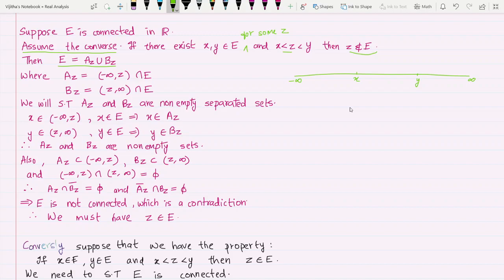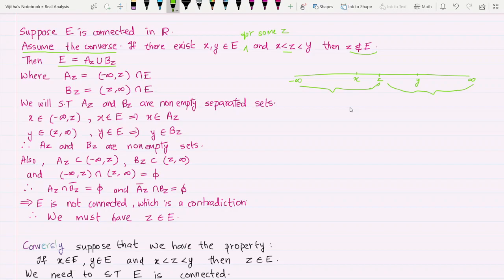Z lies between here, but it is not an element of E. If you take the intersection of (minus infinity, z) with E, you will get A_z. And B_z is nothing but z to infinity intersected with E. So E is this set.